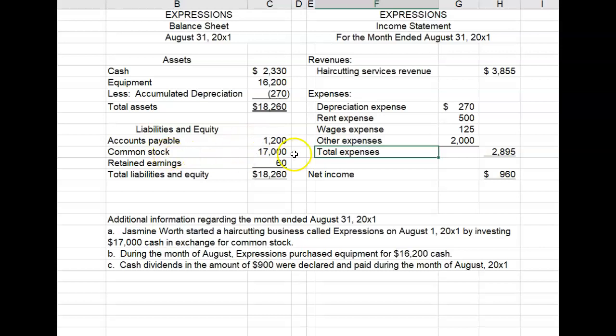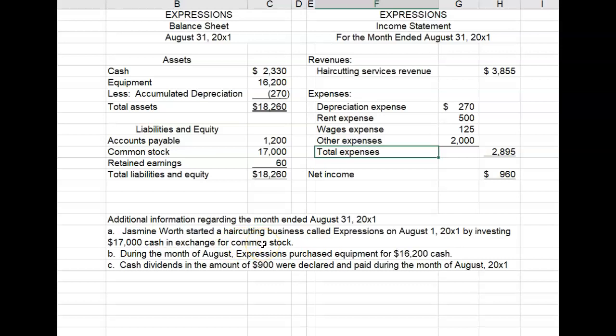Common stock increased. It was 0, and it is currently $17,000. So we have an increase in common stock, and the question is, was that cash that we received? And the answer is, Jasmine started the business by investing $17,000 cash in exchange for common stock.